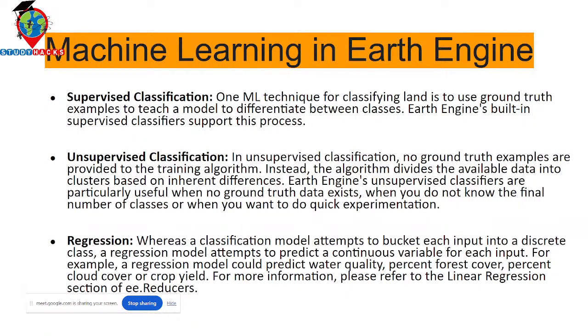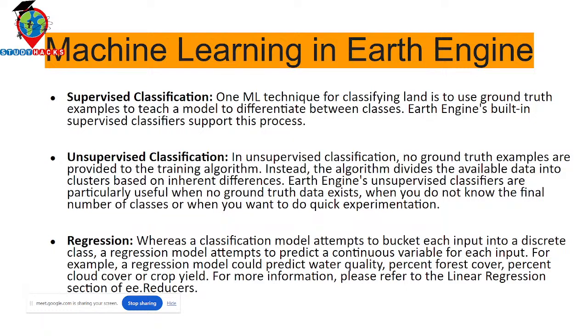In supervised, we can apply random forest, classification trees, support vector machine, or the minimum distance algorithm. And for unsupervised, mainly the k-means clustering algorithm is used. Supervised and unsupervised methods are widely used in machine learning for classification or regression.